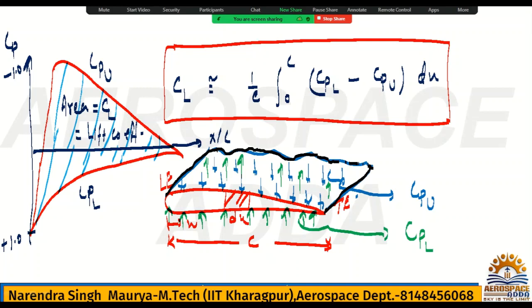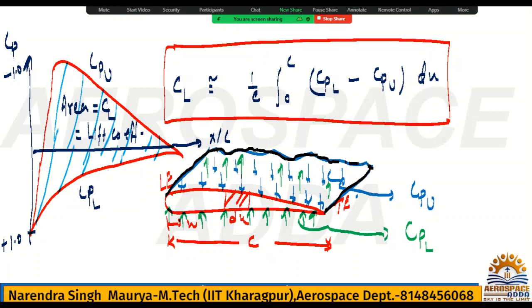Check: Cpl is the pressure coefficient on the lower side, Cpu is the pressure coefficient on the upper side, CL is the lift coefficient. So the area under the pressure coefficients and chord length, this is for small angle of attack.